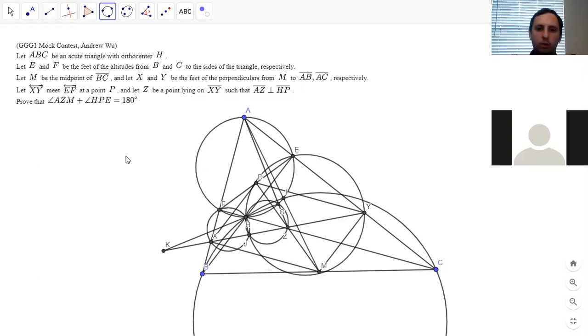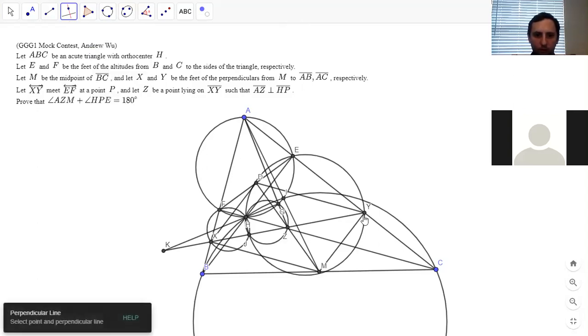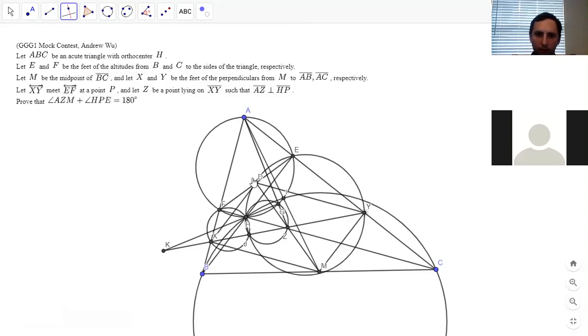The six-point circle of AXY. I'm not sure. I don't think so. Well, FEJ is a pedal triangle of H. That's true. Yes. And isogonal conjugates have the same pedal circle.